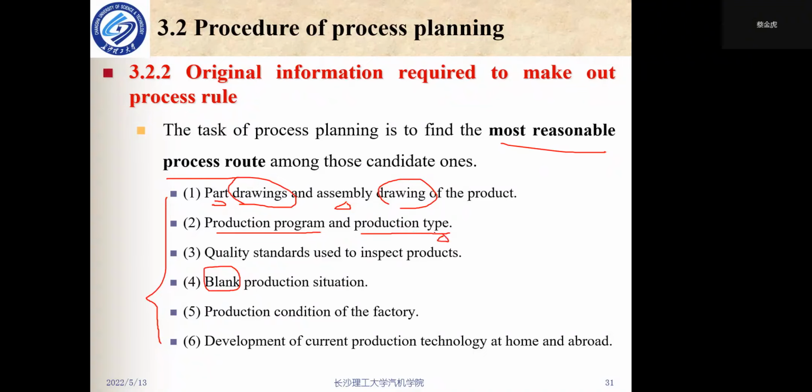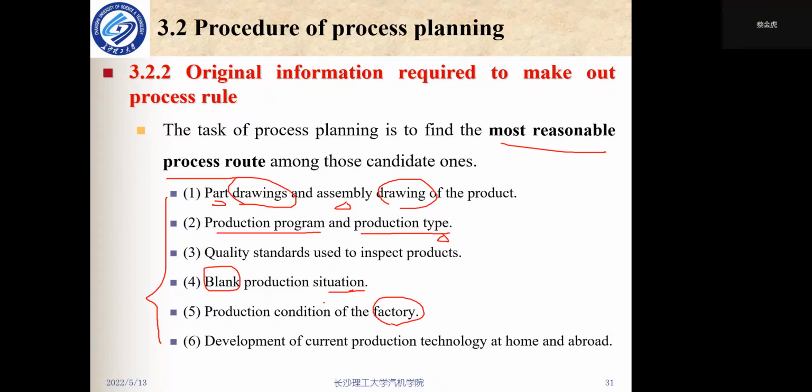We have mentioned last week. The third one is quality standards used to inspect products. The fourth is blank production situation. The fifth one is production condition of the factory. And the last one is development of current production technology at home and abroad.